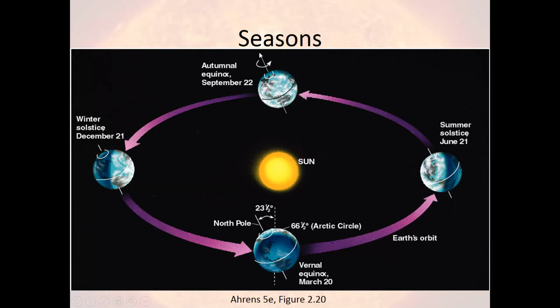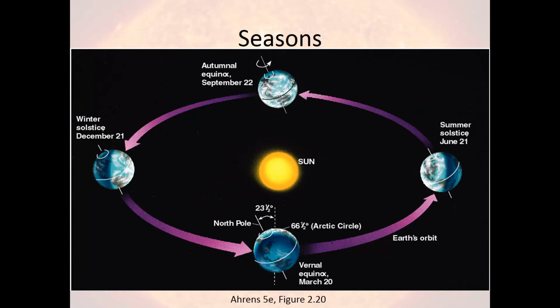Currently, the Earth's axis is tilted toward a star called the North Star, and it remains that way as the Earth orbits the sun. As a result, we have a time of the year when the southern hemisphere gets more direct sunlight, and a time of the year when the northern hemisphere gets more direct sunlight.